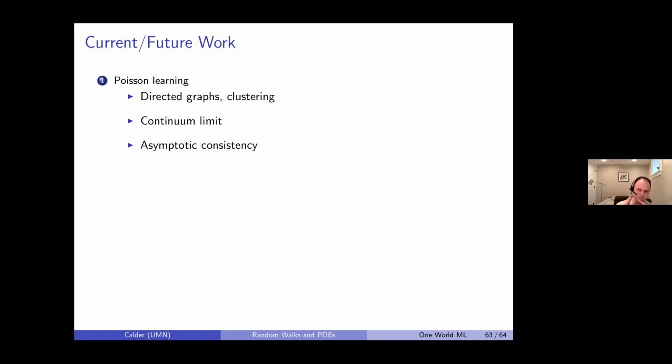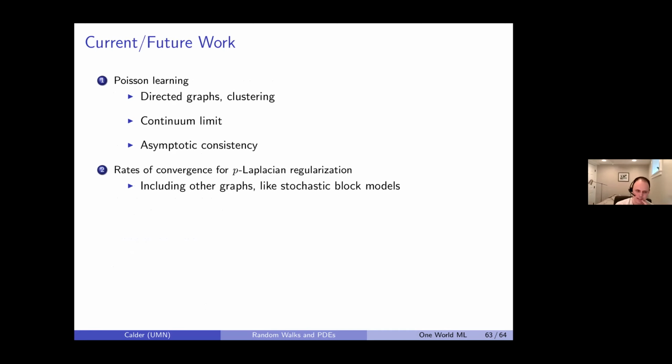We're looking at future directions for Poisson learning, like directed graphs and a version of clustering based on Poisson learning. We want to understand this continuum limit that I mentioned earlier, and then also to go beyond that to understand the asymptotic consistency. If I have approximately clustered data, is it going to uncover the correct clusters, and what kind of label rate do I need to ensure that?